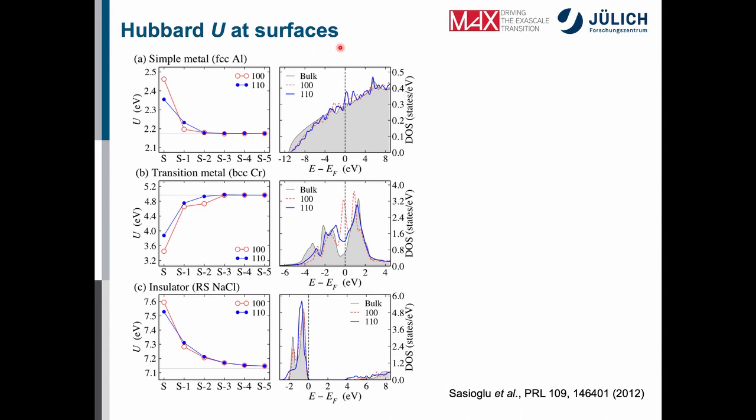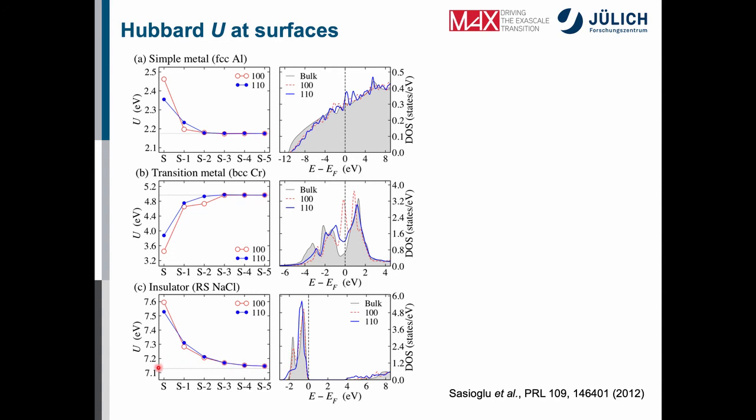Less screening means higher U parameter. In fact, this is the case for aluminum and also for sodium chloride. The U parameter is large at the surface and gets smaller for the layer below and even smaller for the next layer, and so on, until it reaches the bulk value.